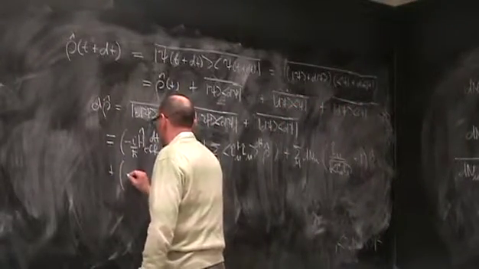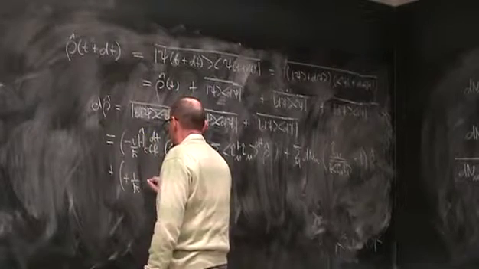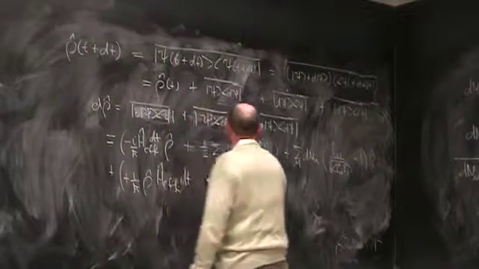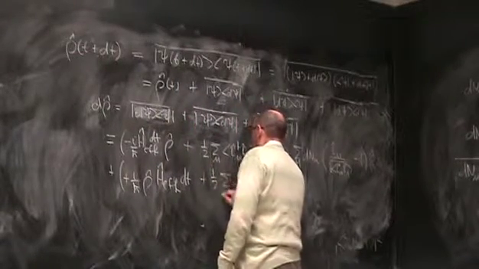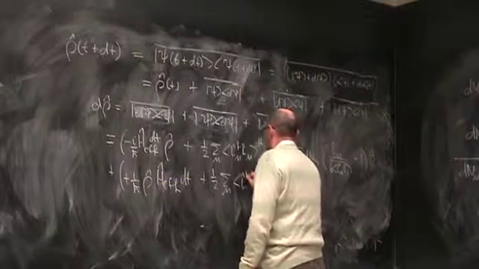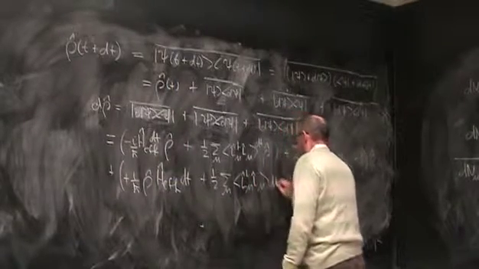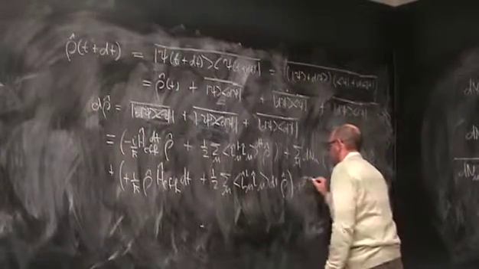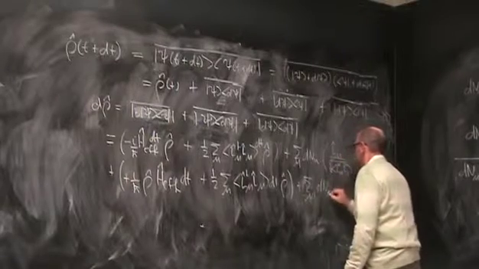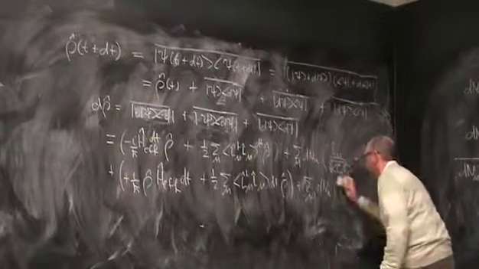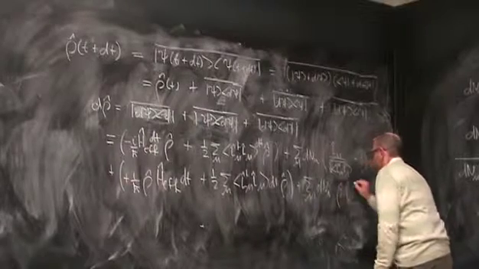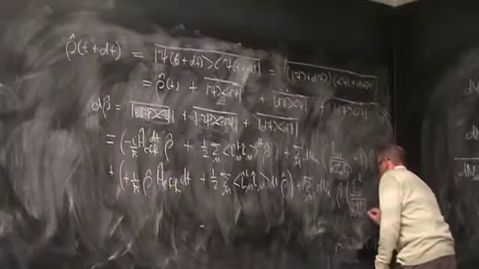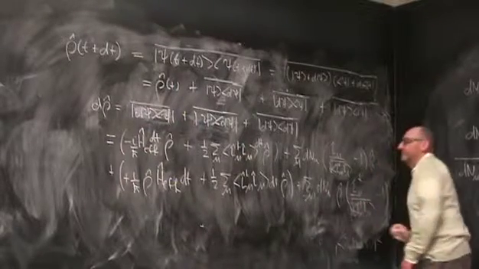So that's equal to plus i over h bar, H effective dagger dt, plus 1/2 sum over mu, L mu dagger L mu dt rho, plus sum over mu dN mu, rho L mu dagger over the square root of the expectation value, minus 1.